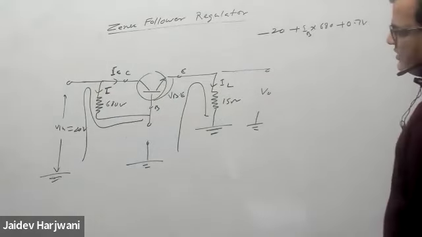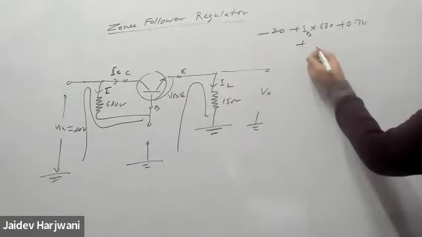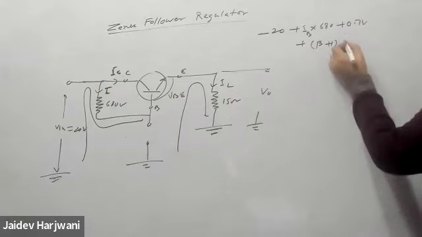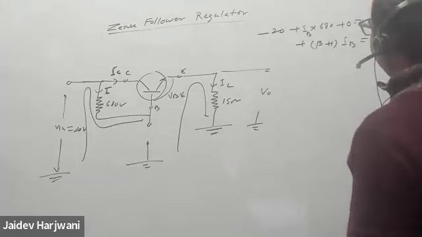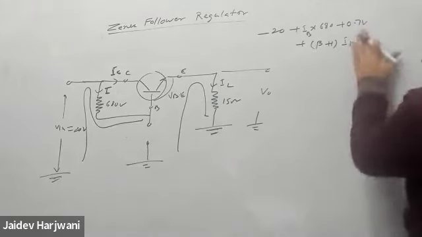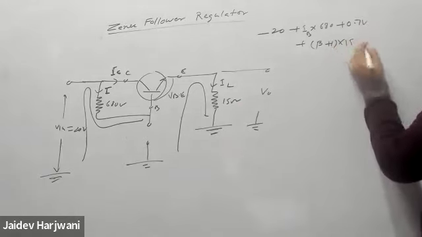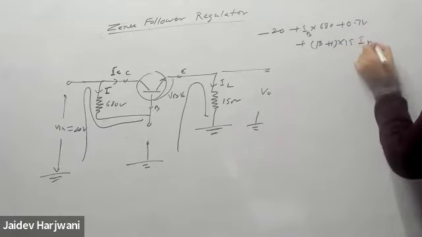So IB into 680, and this is my ammeter current, which is IE, which I can write as (beta plus 1) IB, into 15 ohm. So IE RE, 15 ohm, (beta plus 1) IB equals 0.